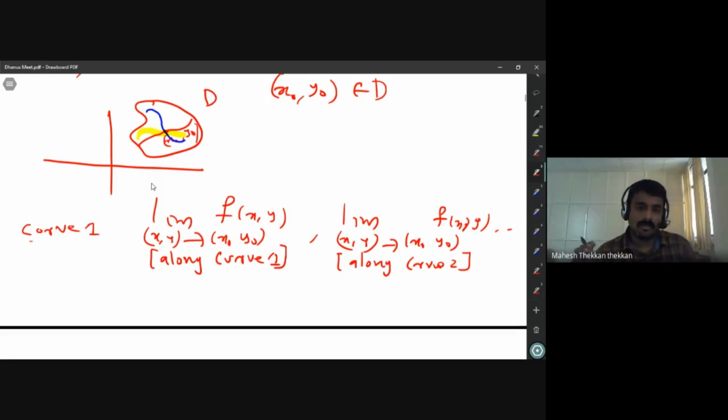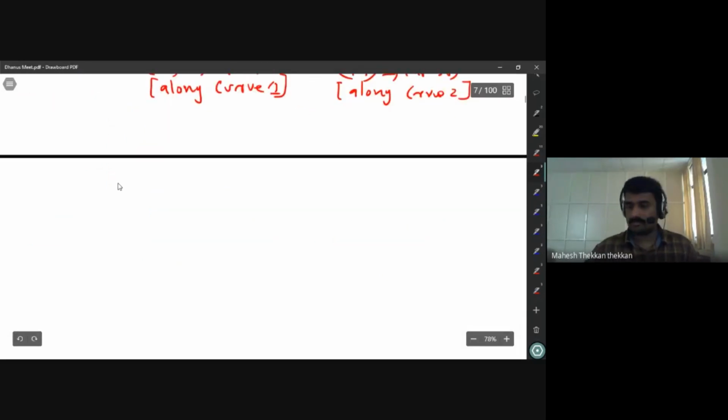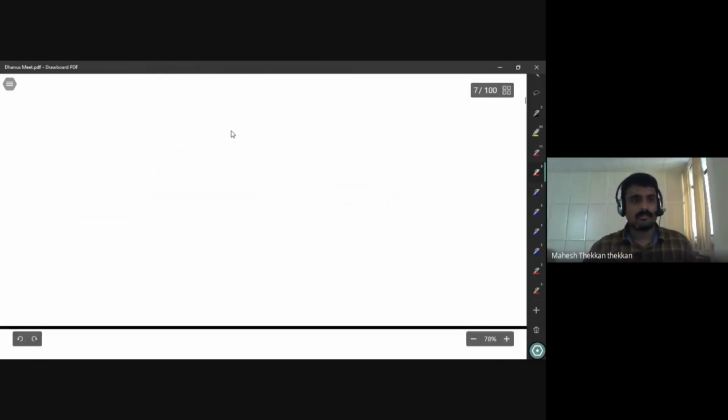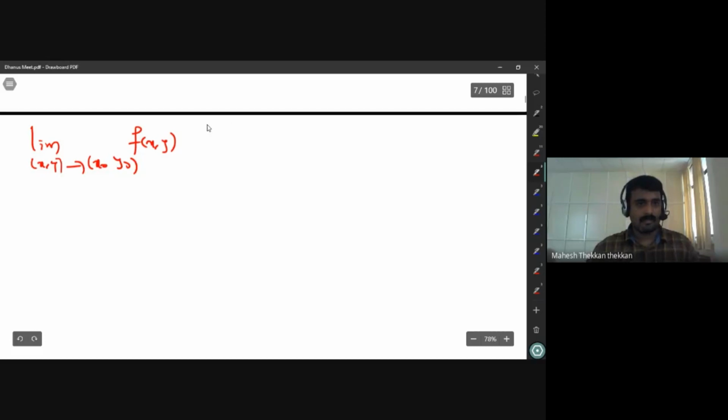If all those values are the same, we say the limit at (x naught, y naught) exists, and that common value is the limit at (x naught, y naught). This is the notation. I will give an example to illustrate this. That will be better. So just look at an example.